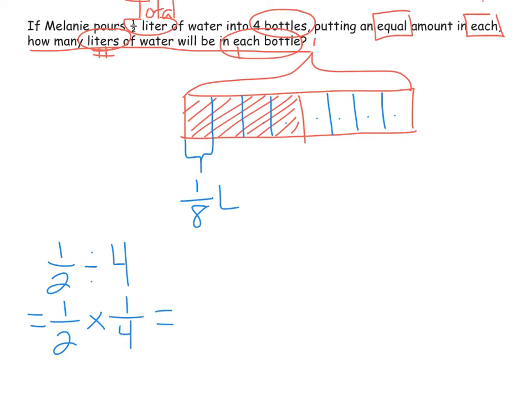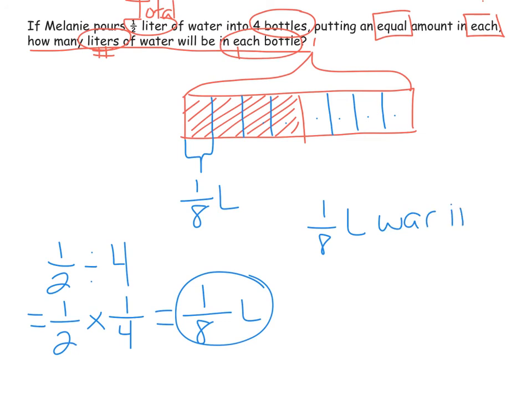And so 1 times 1 is 1. 2 times 4 is 8. So 1/8 of a liter. So let's write that in an answer statement, please. So 1/8 of a liter was in each bottle. Make sure you showed all your work.